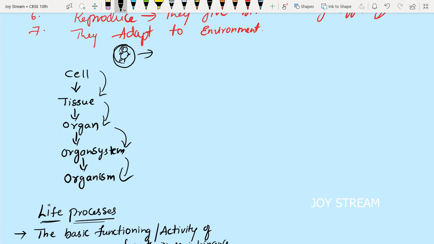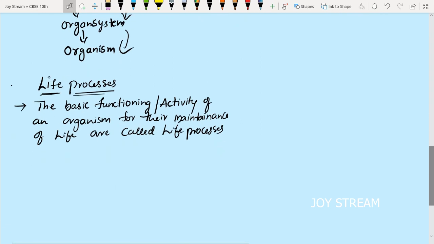Right. So coming to the next subtopic called life processes. What are life processes? First of all, we will look into the definition. The basic functioning or the activity of an organism for the maintenance of life are called life process.